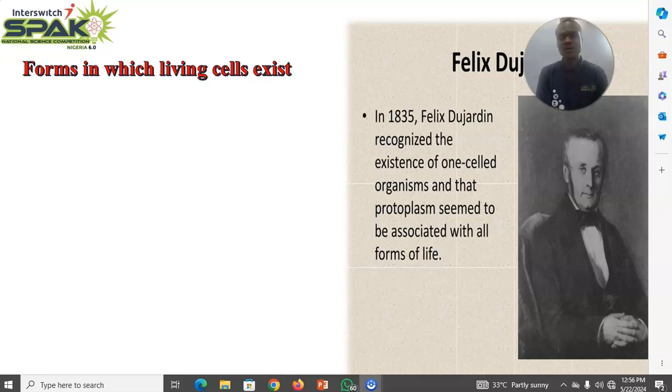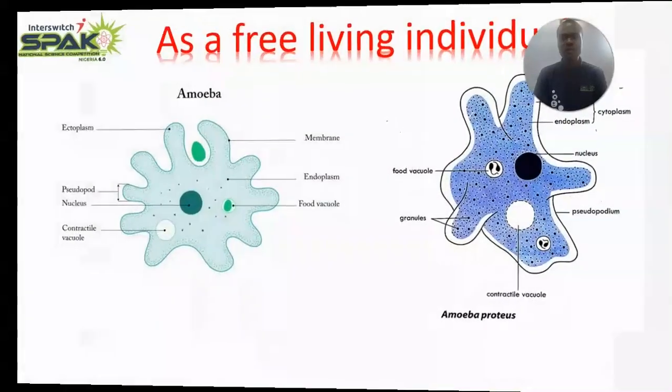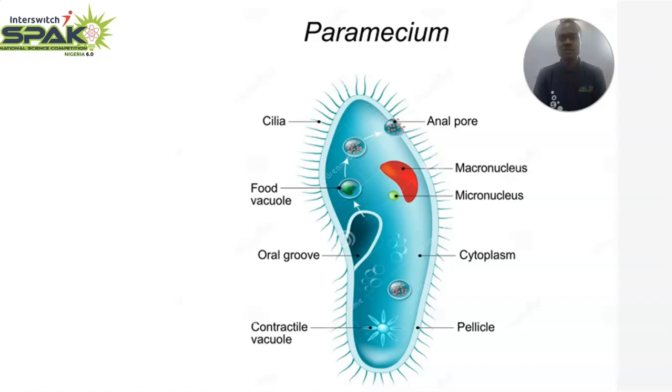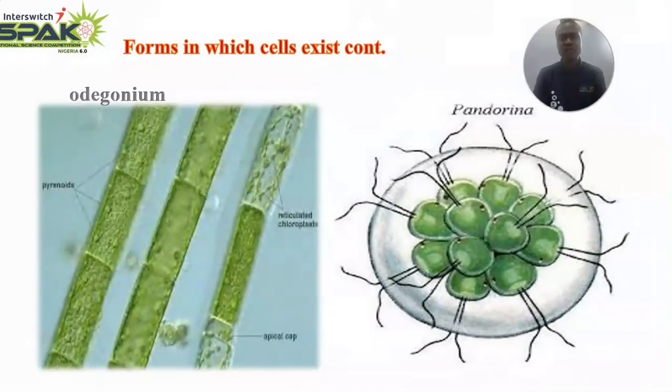Examples of such cells, of course, are amoeba, paramecium, chlamydomonas, euglena. They exist as free living individuals. Another form in which a living cell exists is as a filament.